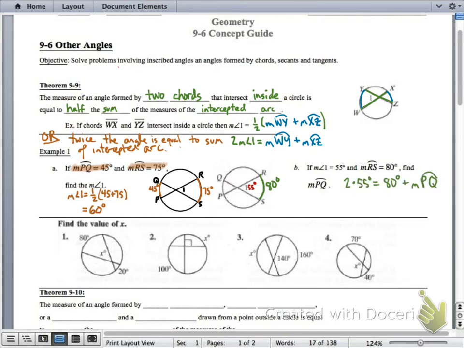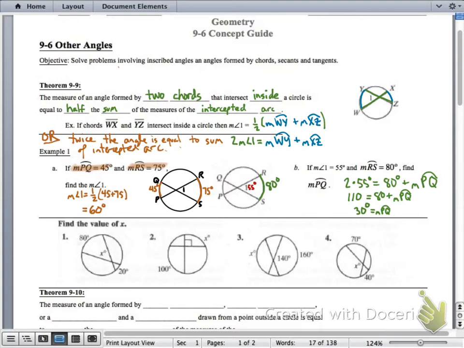So 2 times the measure of the angle is equal to the sum. So we multiply 2 times 55, the measure of the angle, equals the sum, 80 plus the measure of the other arc. 2 times 55 is 110. 110 minus 80 is 30 degrees. That's the measure of arc QP.